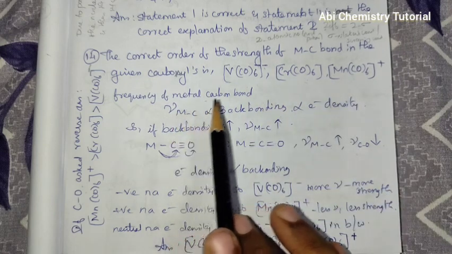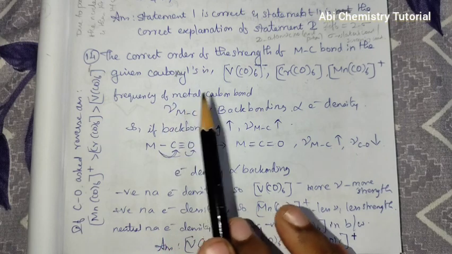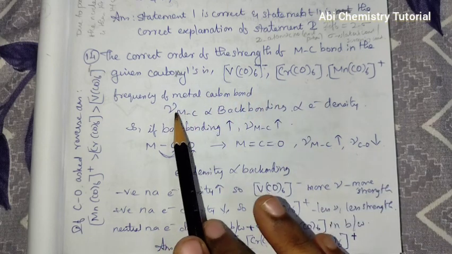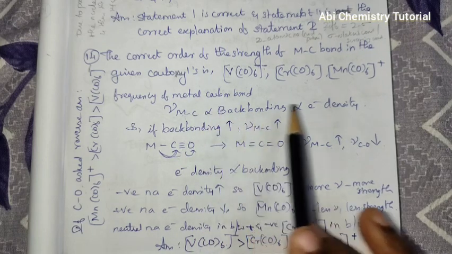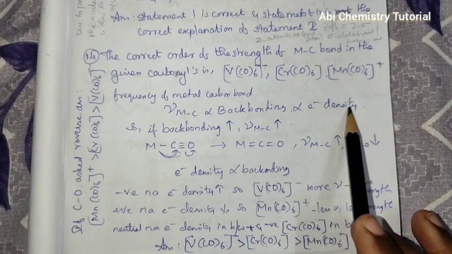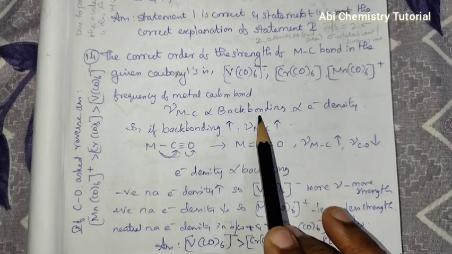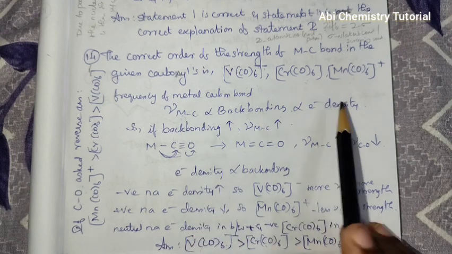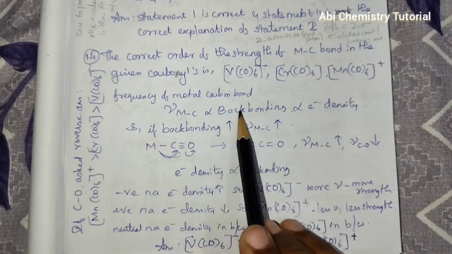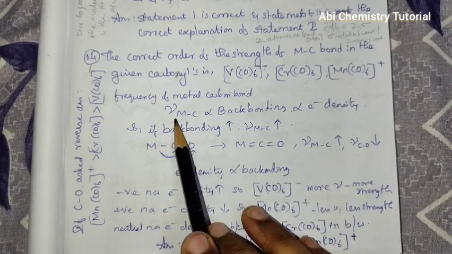The frequency is directly proportional to strength. The frequency of the metal-carbon bond is directly proportional to back bonding, and it is directly proportional to electron density. So if back bonding increases, frequency will increase and so the strength will be high. If electron density is high, the back bonding is high and the strength is also high.